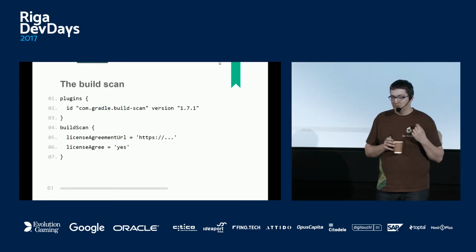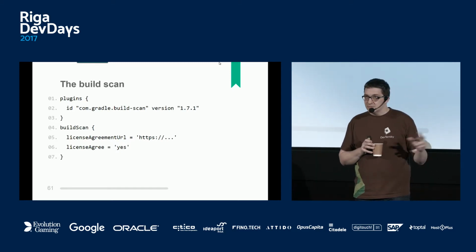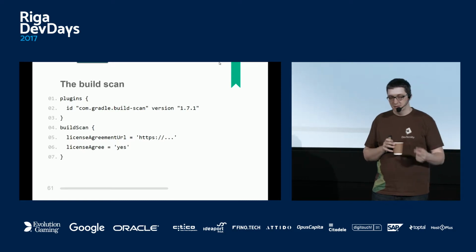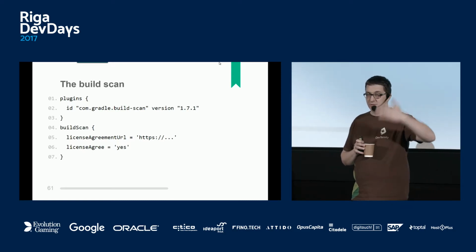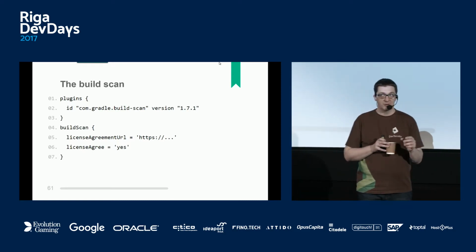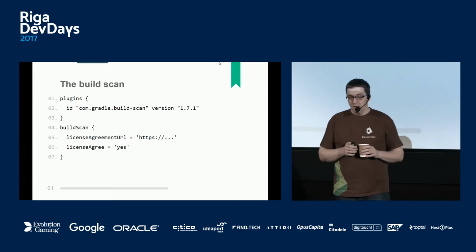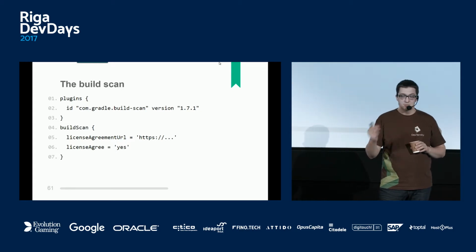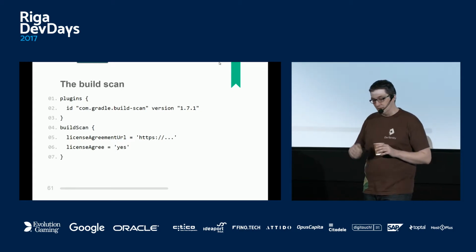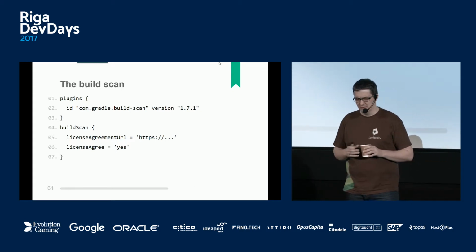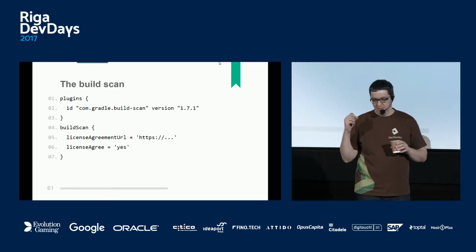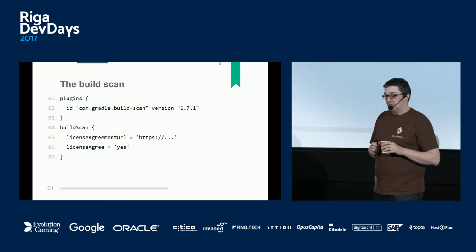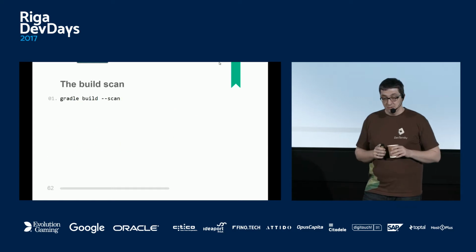It's fun to use, especially when five different developers are using the same build scan to see how the build is running on different machines, and you can compare the hardware. The problem with that plugin is that it sends your build data to a public server. It stores it there, I think, for a day or something, but still, it's quite a bit suspicious, but quite interesting just to play with.